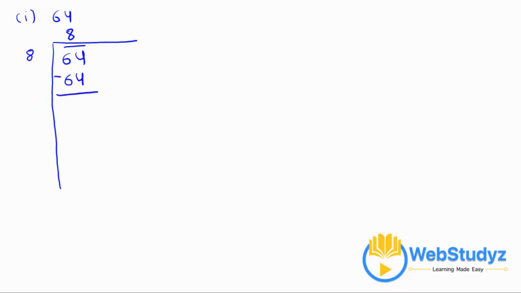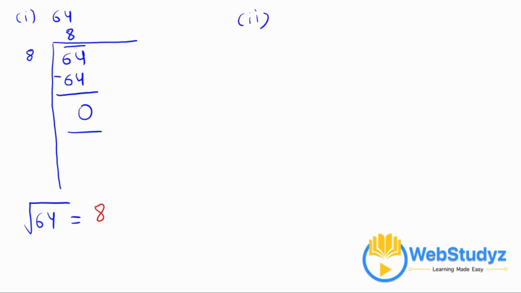Subtracting this, we get 0 as the remainder. So we can say that the square root of 64 is 8.